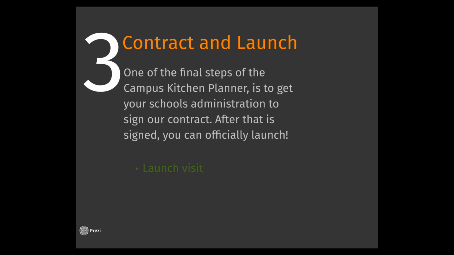To qualify, all schools must submit four letters of support: one from students, one from staff, a sponsor, and dining, and then a letter of intent to sign our contract from administration. You can find all this information on the planner as well. And the great news is that these qualifying steps are the exact same steps you would need to take to plan your own campus kitchen anyway, but this way you can get significant funding as well.